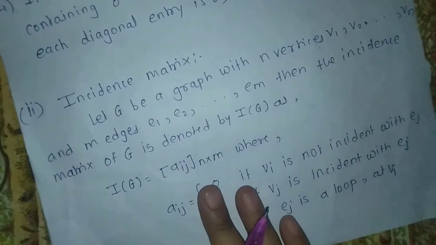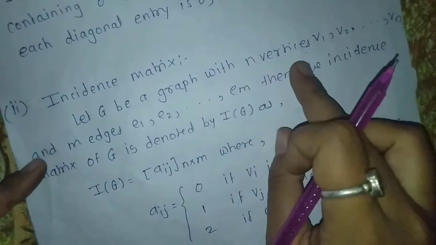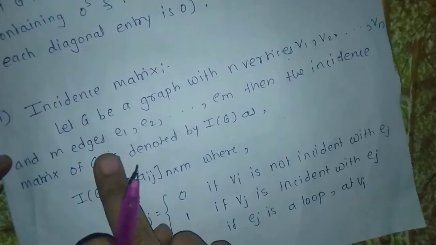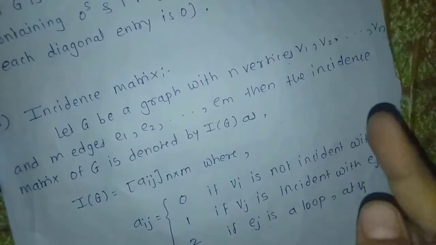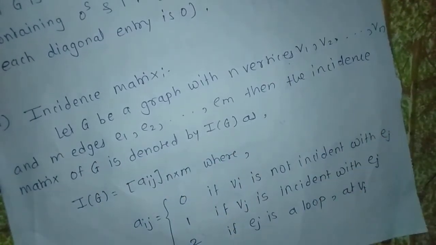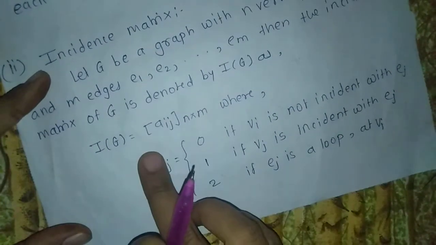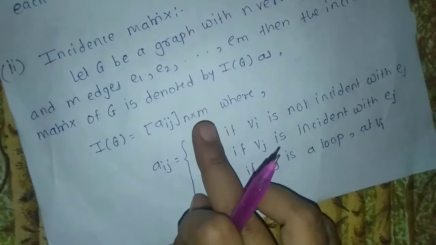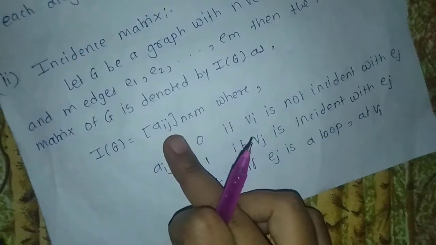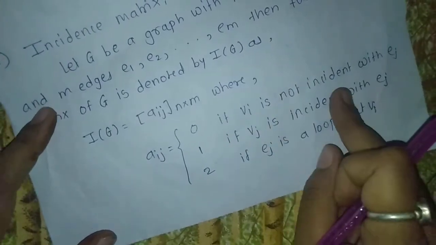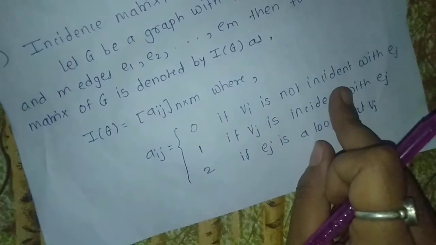Incidence matrix means if G is a graph with n vertices, V1, V2 and so on Vn, and m edges, E1, E2 and so on Em, then the incidence matrix of G is denoted by capital I of G, as I of G is equal to an n by m matrix with entries Aij, where Aij is equal to 0 if Vi is not incident with Ej.